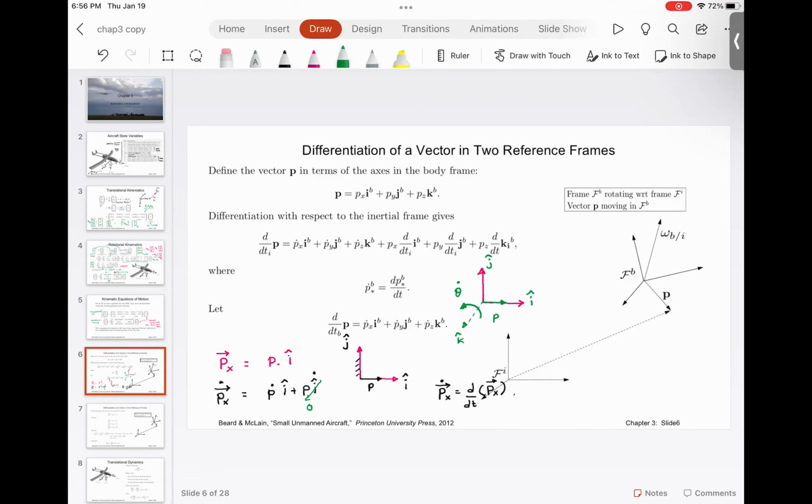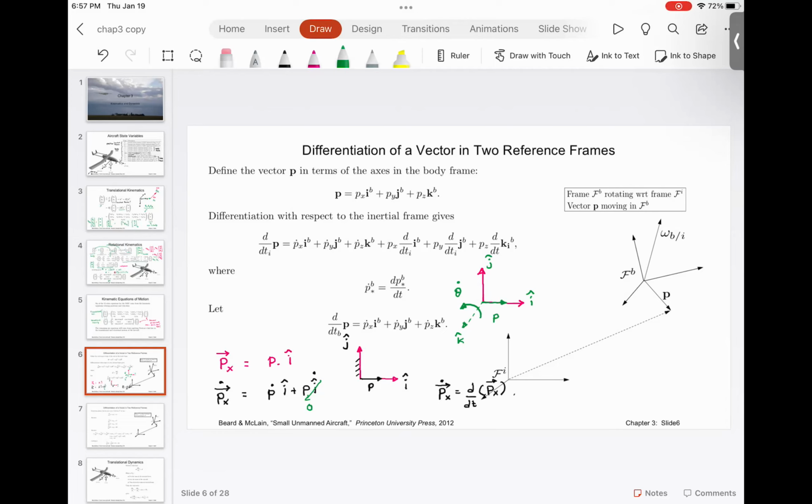Now I want you to understand the difference between this and that. Here, the coordinate frame is fixed. There, the coordinate frame is rotating.